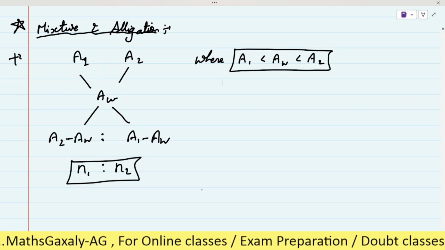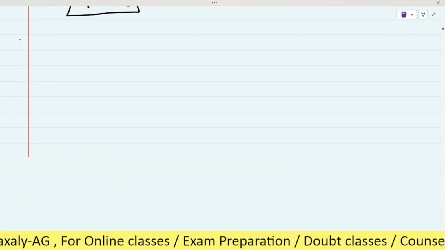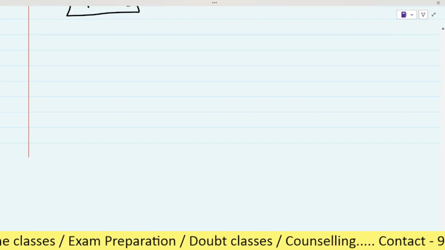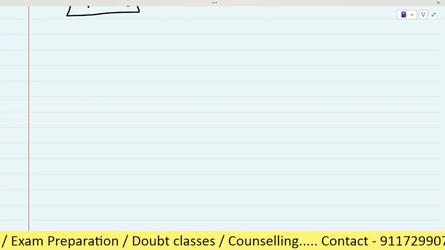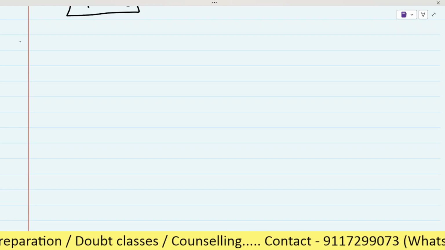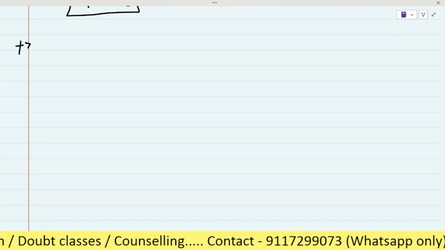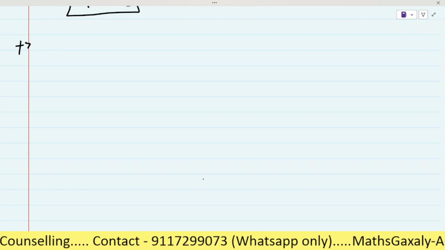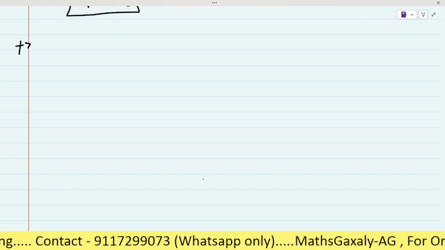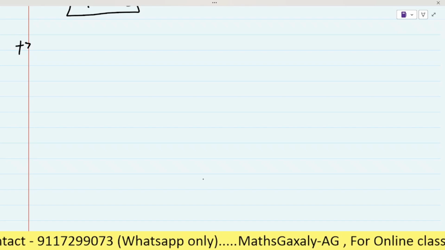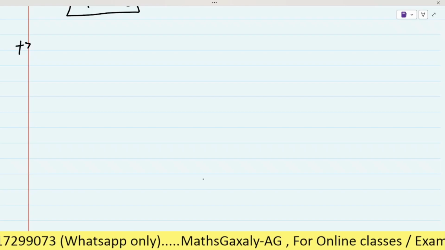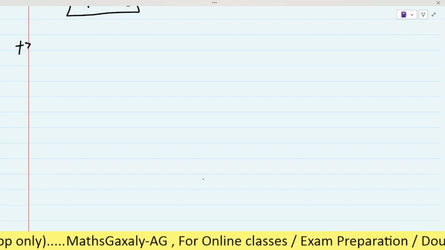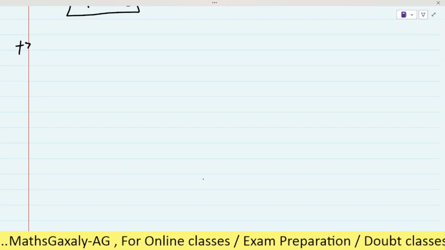Now write some points. From a container having x units of liquid, suppose y units are taken out and replaced by water.